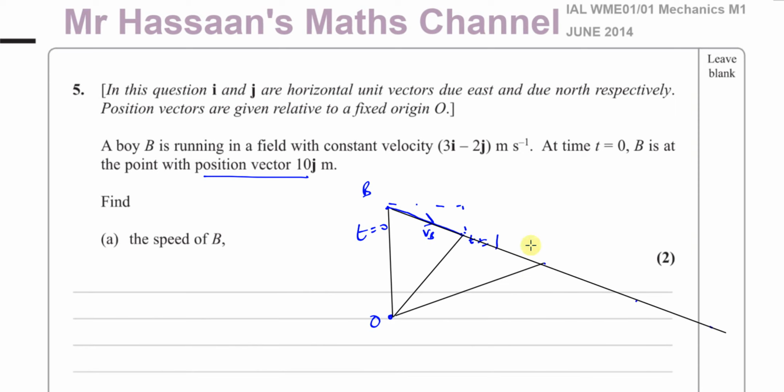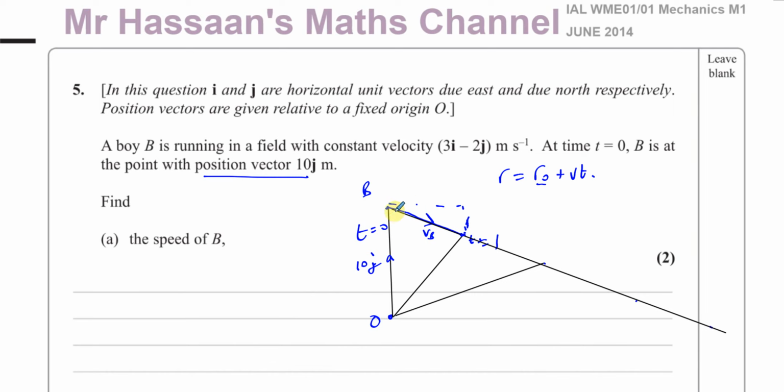If you want to find its position after, for example, 1 second, we use r equals r0 plus vt. r0 is the place it was when time was 0, which is this 10j. That's where it was at 0 seconds.